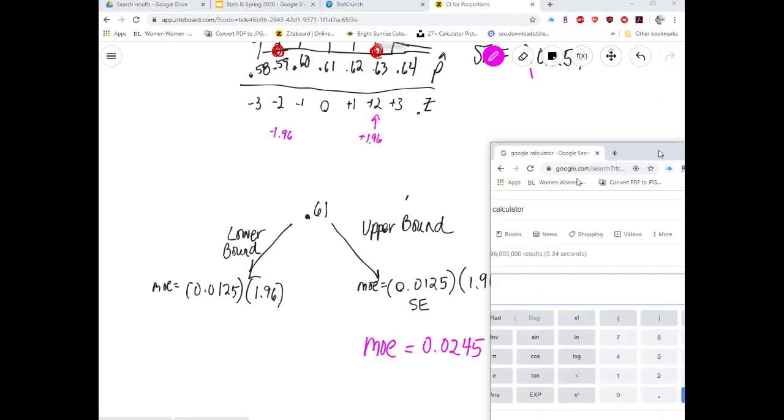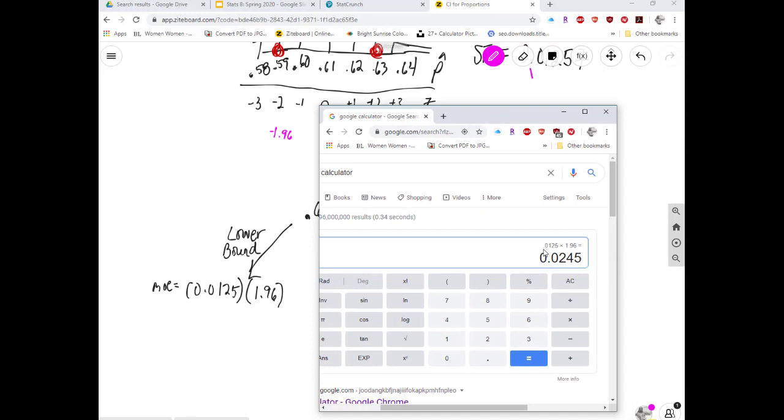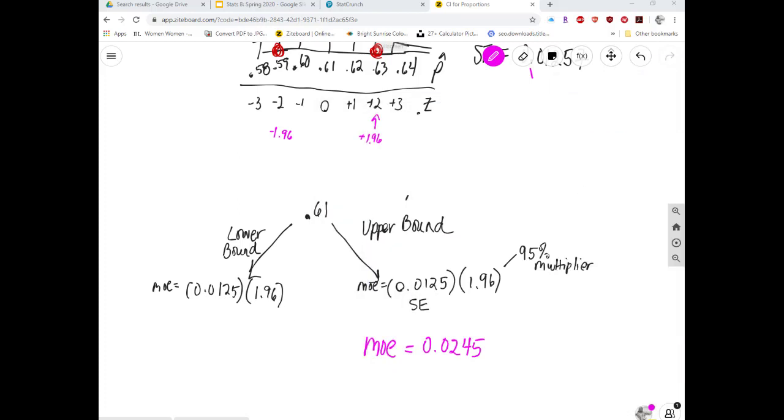Yes, because on this side, if you notice, I'm going to have 0.0125 times 1.96. It's going to be the same. They are symmetrical. On this side, I'm going to add my margin of error to my sample proportion.